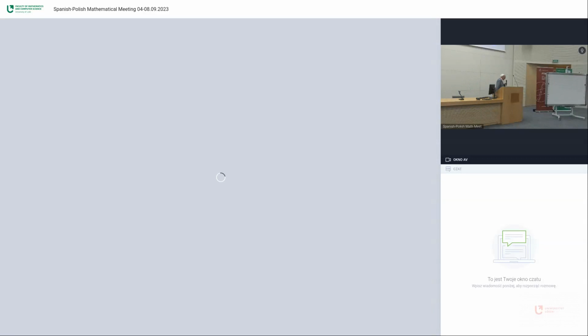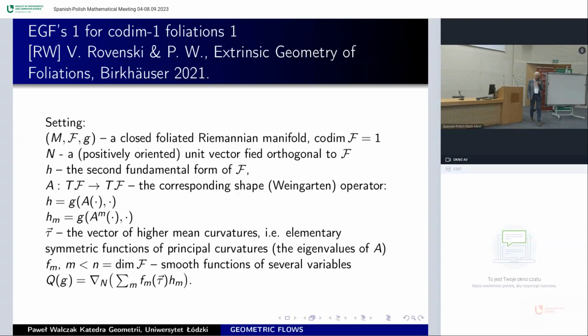we, that means Professor Rovenski and myself, studied extrinsic geometric flows on a manifold equipped with a foliation, or with a non-integrable plane field, but here I reduced to the simplest case of a foliation of codimension 1.